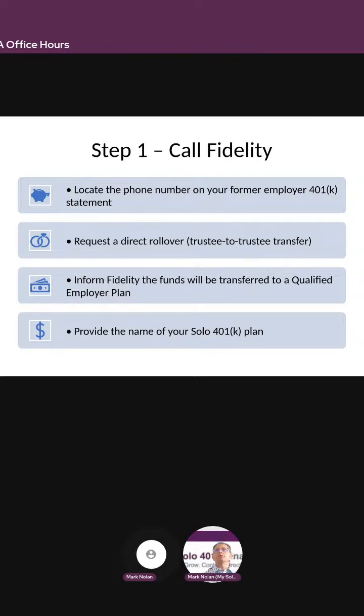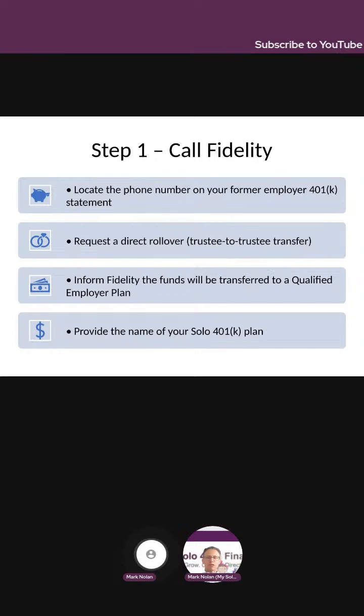Let me now, when Fidelity treats that former employer 401k participant loan as a distribution, you can work with your CPA in treating that as a loan offset.